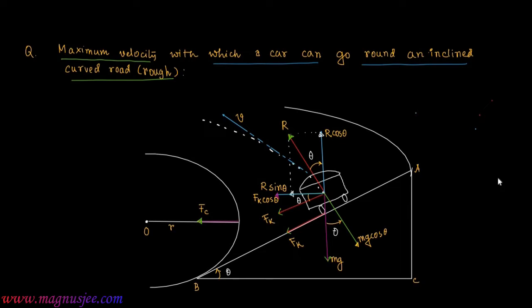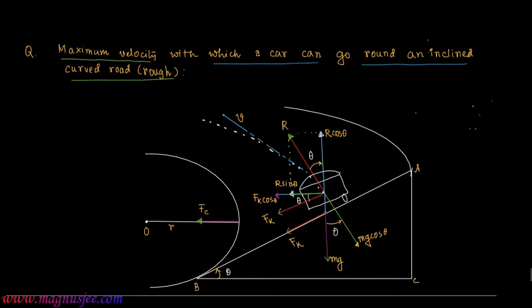The horizontal component is Fk cos theta, and the vertical component of the kinetic friction Fk, acting vertically downwards, is Fk sin theta.